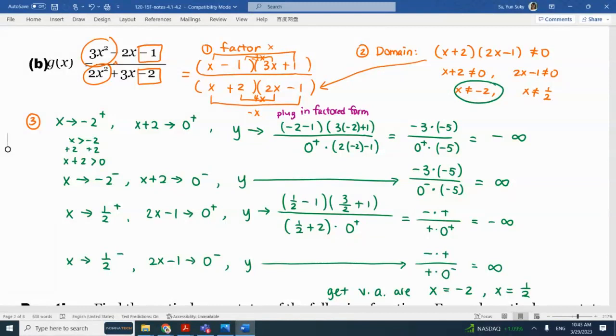And then here, when x goes to 1/2 from the left, y goes to infinity, at the top, okay? So therefore, this function looks something like that. Okay, everybody? So we know what happens when x is near those verticals.